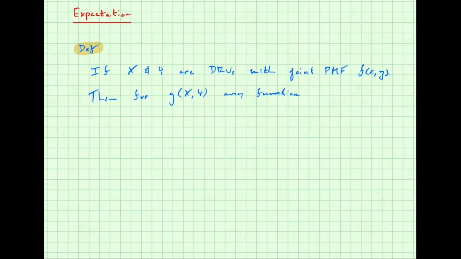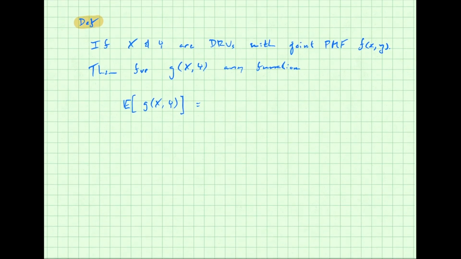So for any g of x and y function, its expected value, the expected value of g, is going to look just like it did in the case of univariate random variables, except we sum over the two different allowed values for x and y.